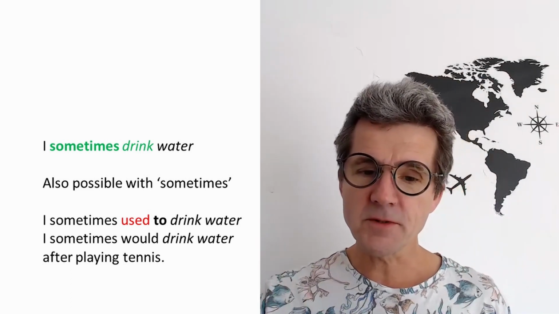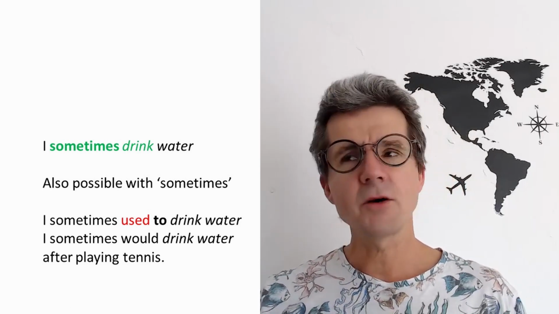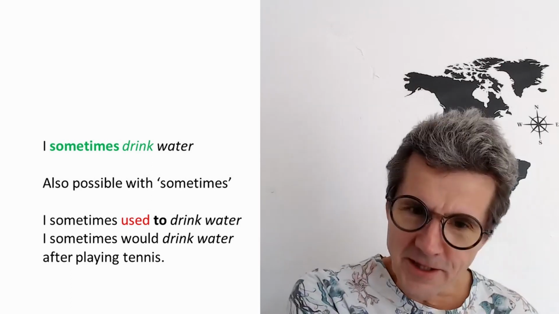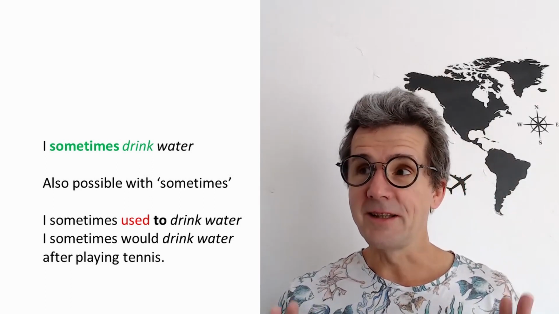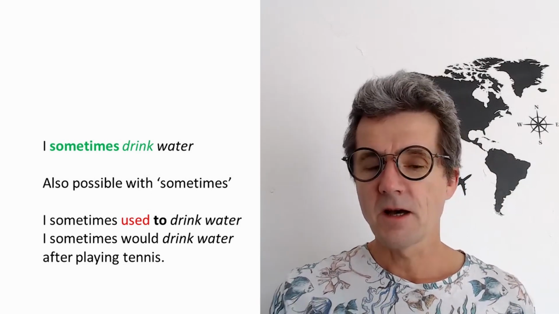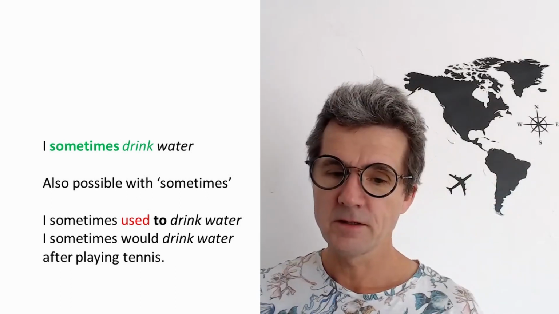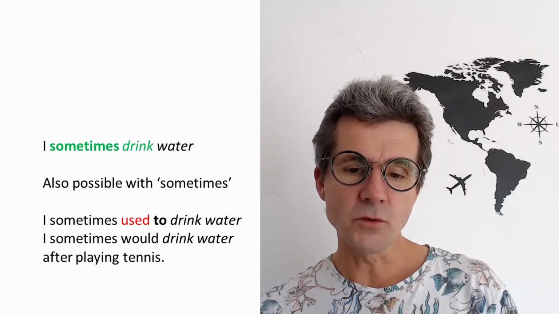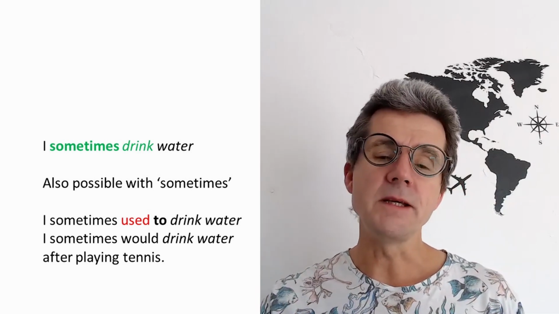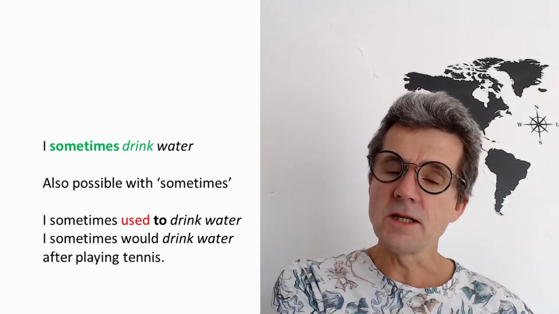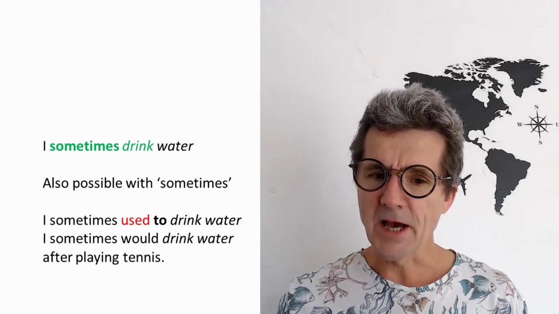Also possible with sometimes: I sometimes used to drink water. So I don't drink water now, but in the past I used to. But you could use sometimes in that way. I sometimes would drink water after playing tennis. So again, would drink water and used to drink water both have a similar meaning, that you did something regular in the past, but you don't do it now.